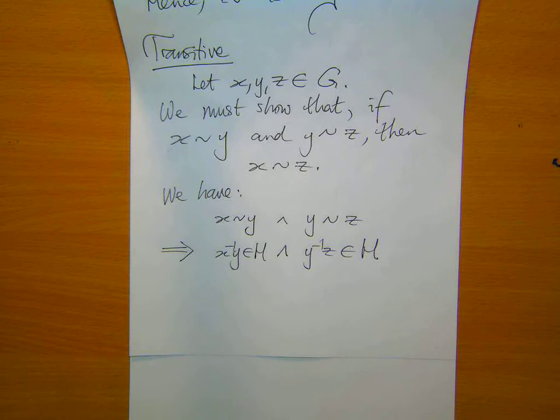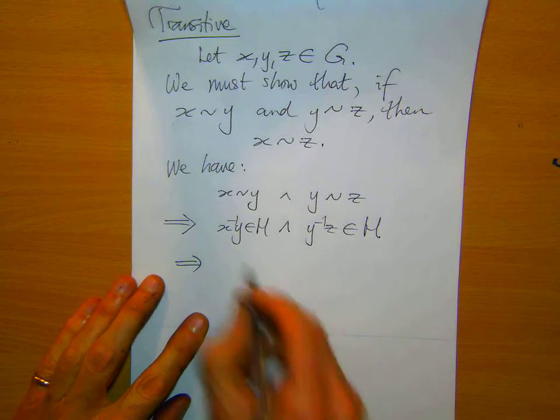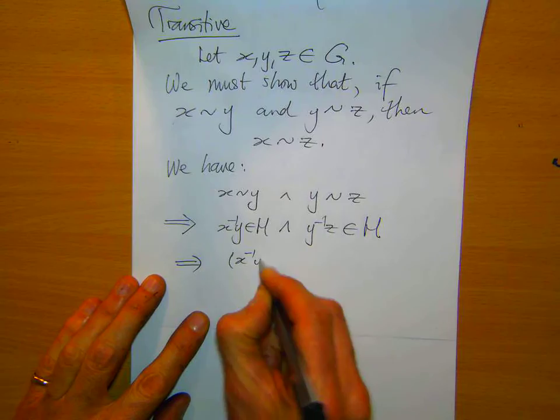Now I want to get rid of y and just get x and z together. And you can see that this y here is just itching to get its hands on its partner y inverse, so we just multiply this by this. And we can do that, or we can deduce that that product is in H because H is a subgroup.